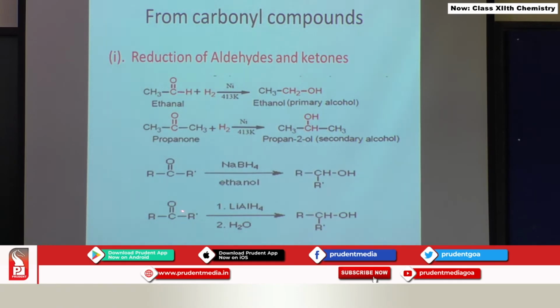So here, in the third and fourth examples, the only thing we have changed is that instead of catalytic reduction, chemical reduction is carried out with the help of a chemical reducing agent. We can make use of sodium borohydride in ethanol or lithium aluminum hydride followed by hydrolysis. The same type of product we are going to get as we got during catalytic reduction.